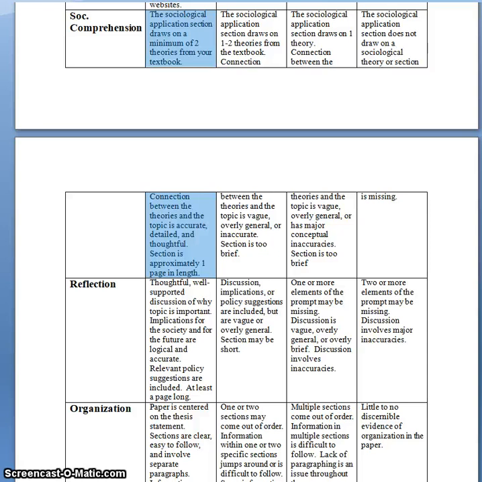And this is, again, approximately a page. And really, I think the most common part that students don't do is just not including this section. This is 15 points, so it's 10% of your grade. Don't lose 10% of your grade off the bat. Make sure that you have this section. And if you're having trouble applying the theory, let me know, and I'm happy to help.